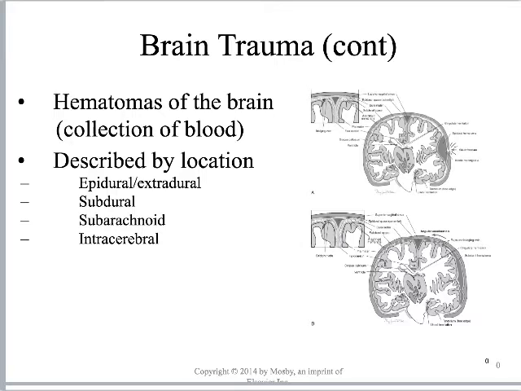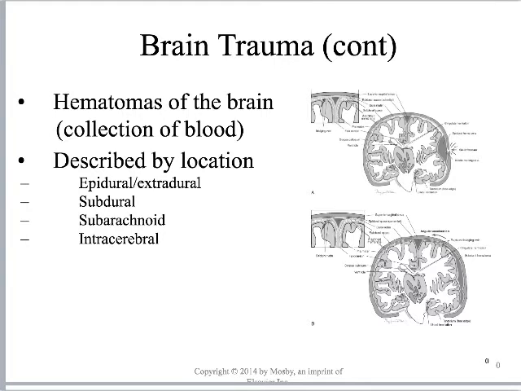So that's why we are concerned with hematomas. We need to understand what their location is in relationship to the layers that encase the brain. So epidural or extradural is going to be out there outside of any of the brain's encasements around the area of the skull. A lot of times it's associated with a skull fracture.